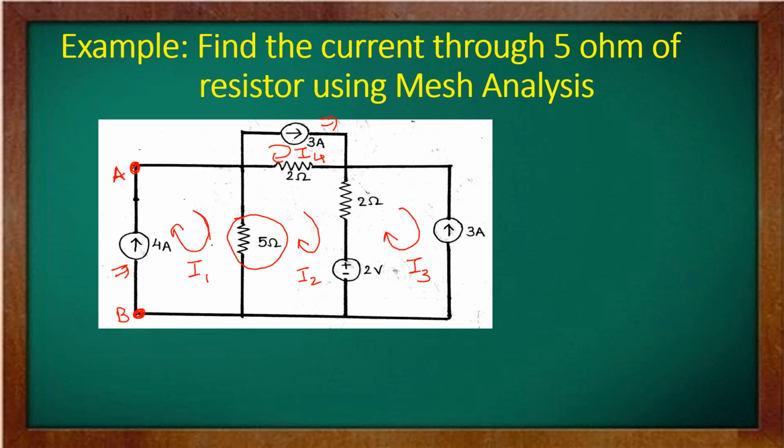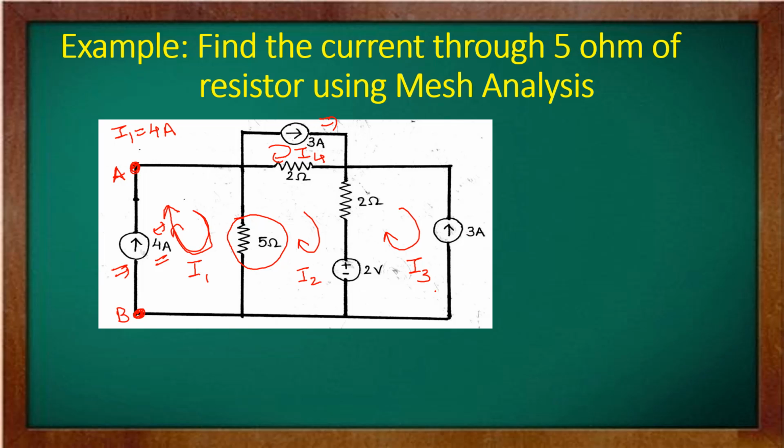According to our assumption, the current flowing in branch AB is I1. Check the direction: the direction of the 4 ampere and I1 is the same. So directly we can say that I1 equals 4 ampere, because this 4 ampere is part of only one loop.